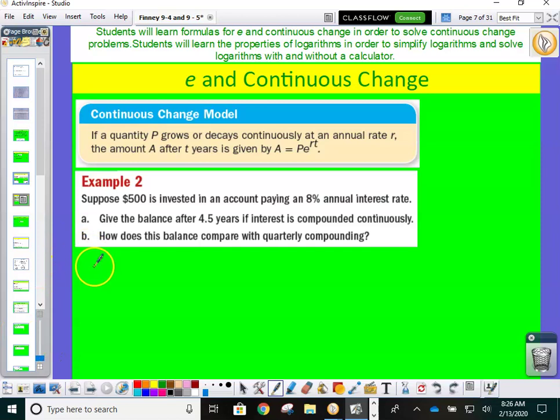So for part A, our principal is going to be 500. Our interest rate is still going to be 8%, so that's 0.08. And our time, this time, is going to be 4.5.